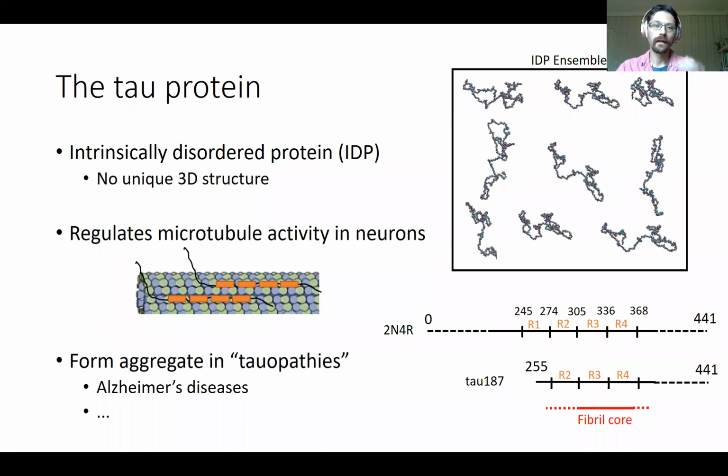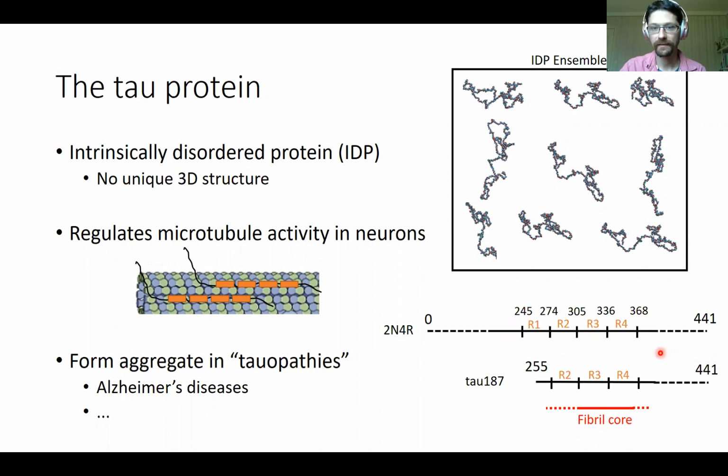Now the protein I'm most interested in is the tau protein, which is an intrinsically disordered protein, meaning that it doesn't have any unique 3D structure, but rather exists in an ensemble of conformations that you can see here. It has several isoforms. Let me actually try, let me know if the pointer is too messy.